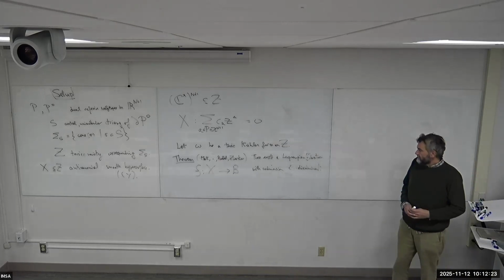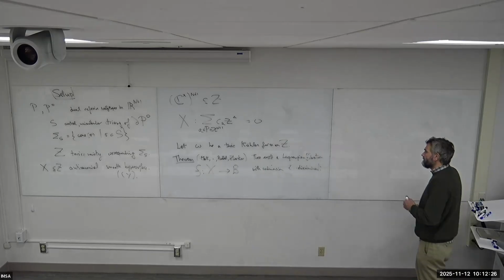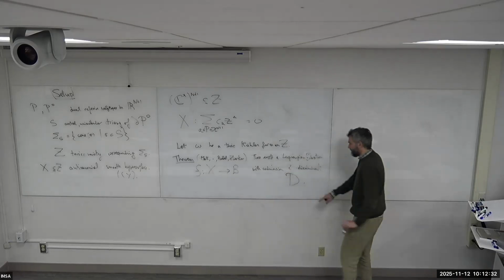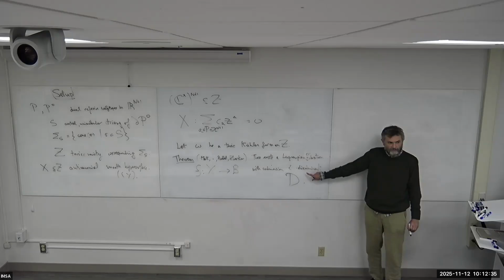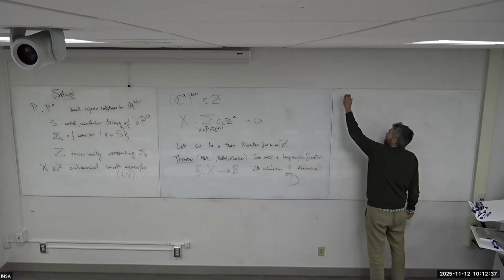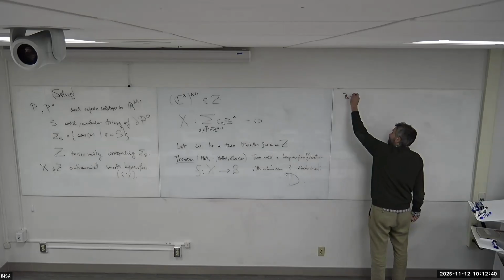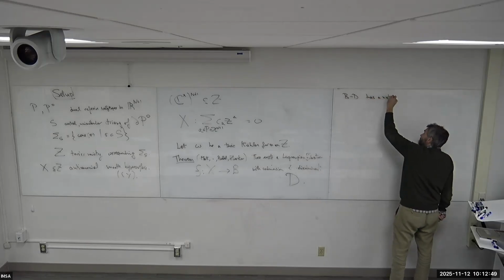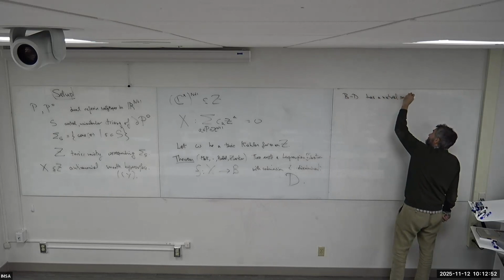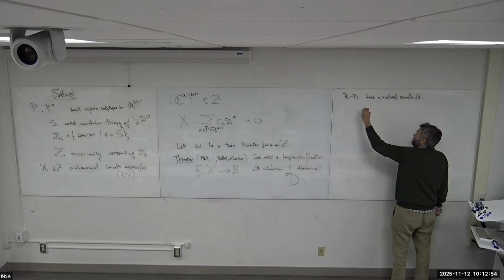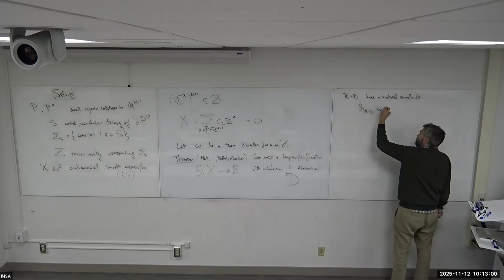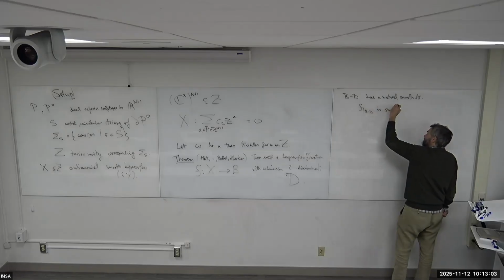It doesn't have a natural smooth structure, but what I can say is that if D is the discriminant locus of this fibration, then on B minus D there is a natural smooth structure, and f restricted to the preimage of B minus D is smooth.